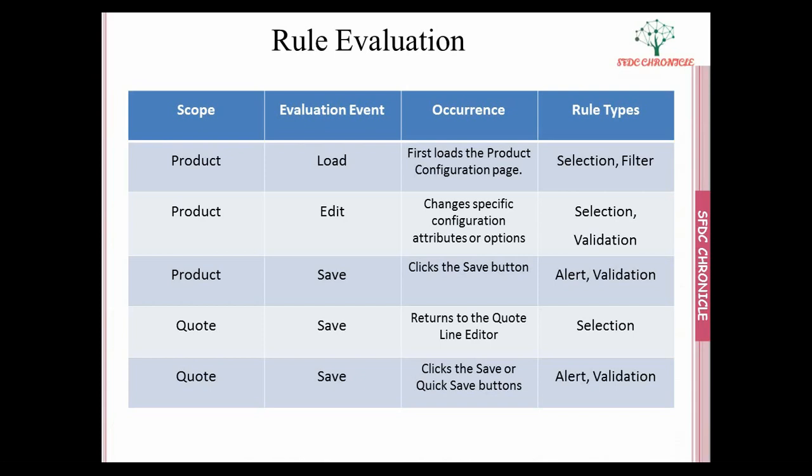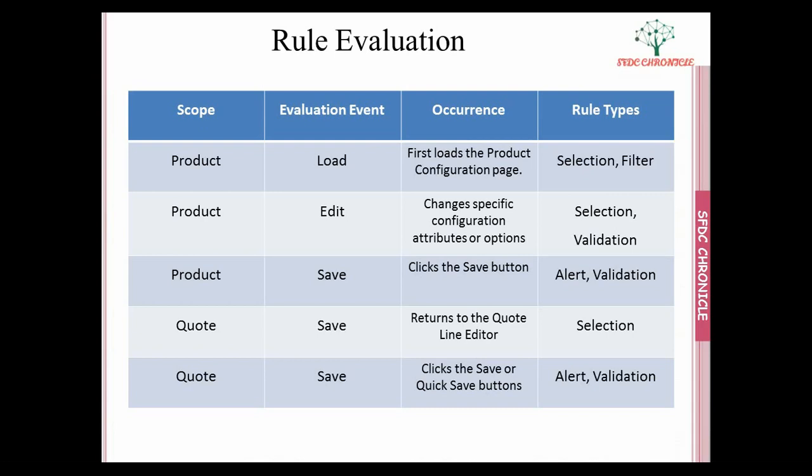Now, not all rule types will go with all evaluation events, like you see in this particular slide: load will go with selection and filter, validation will go with edit and save only.